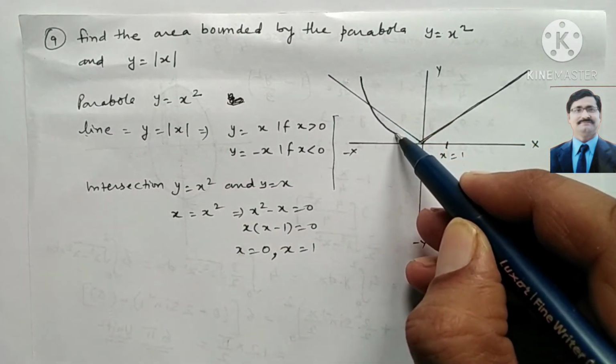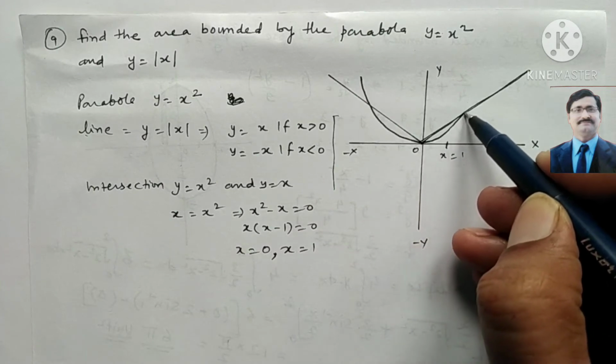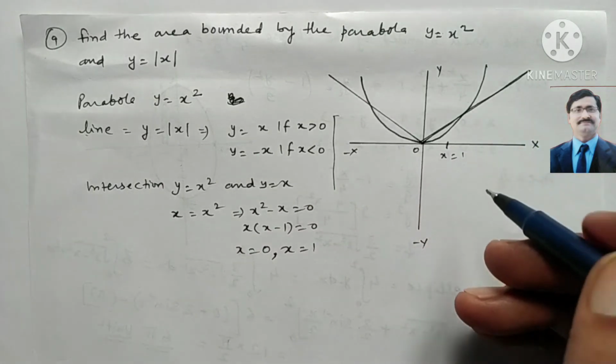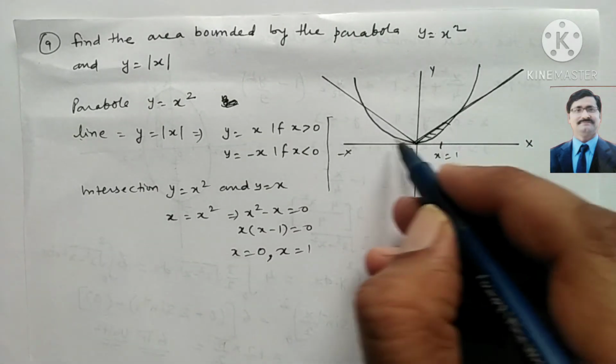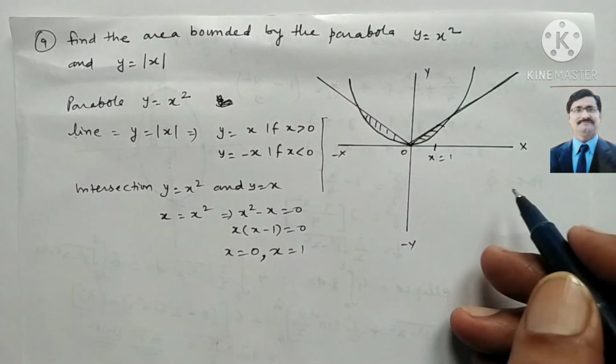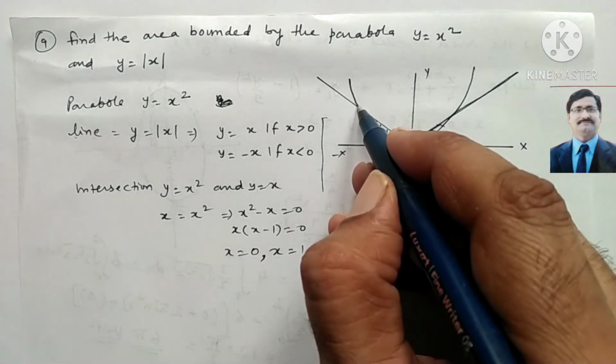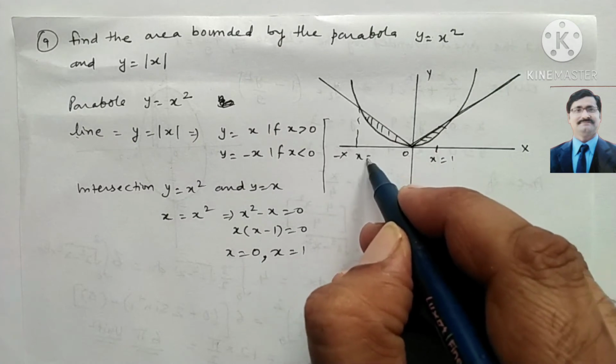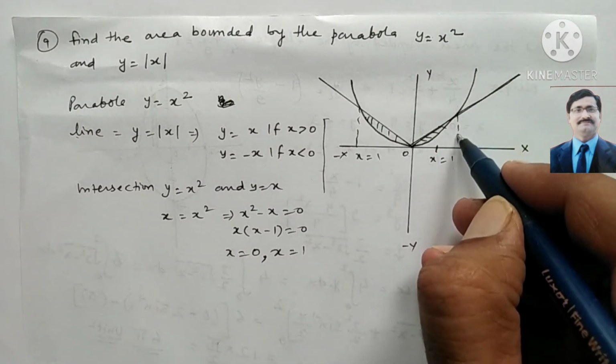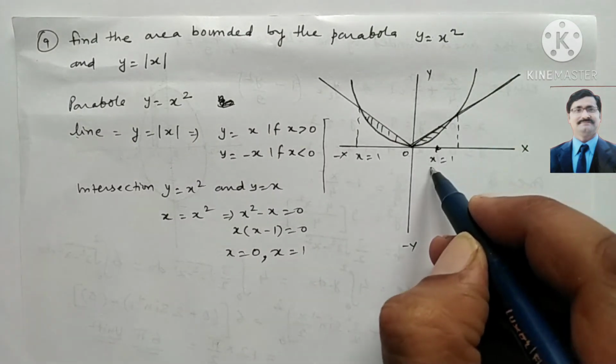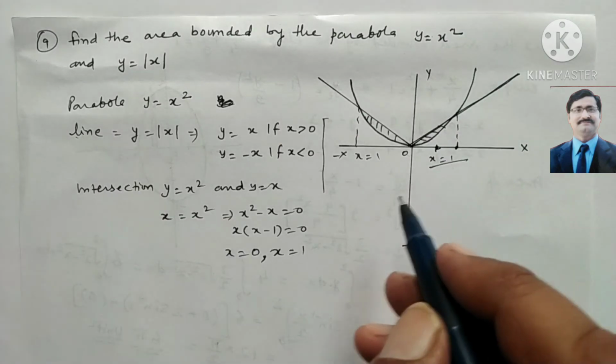Okay, this format is a parabola. And look at this, both sides it will be symmetric. Okay, both sides it will be same. This point is x equal to 1, and here also this point is x equal to 1. This is also x equal to 1.